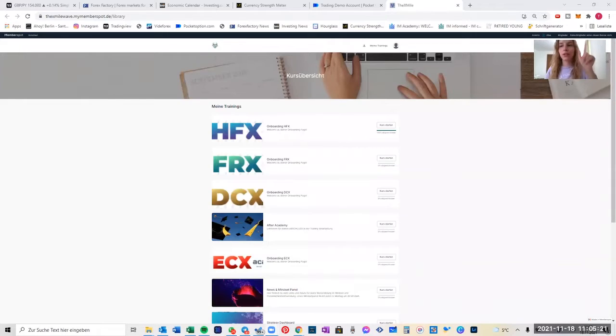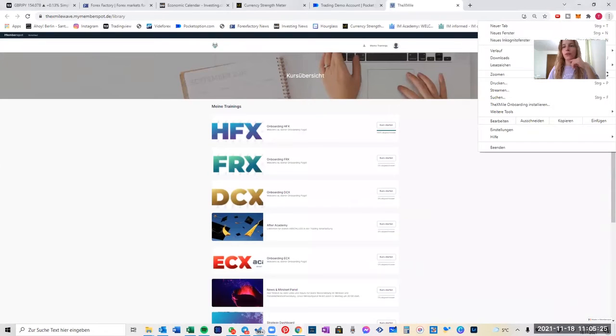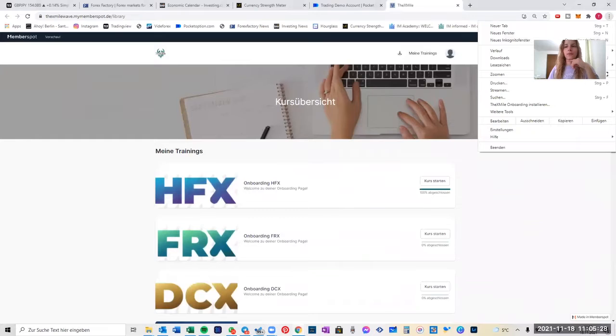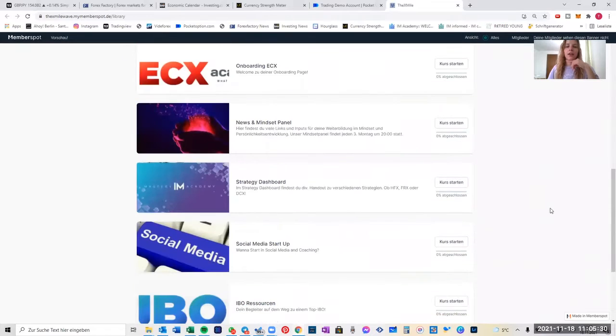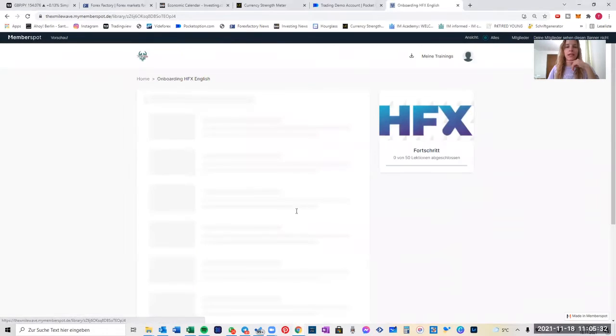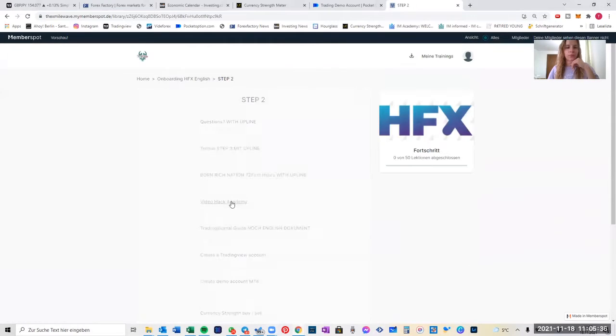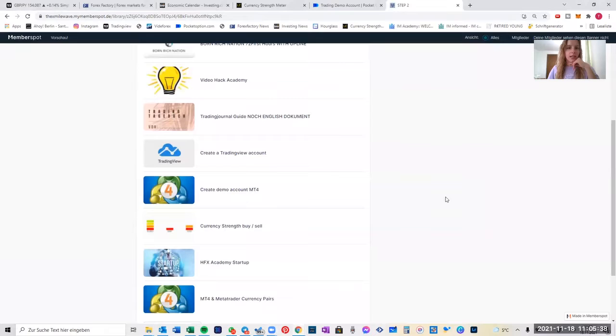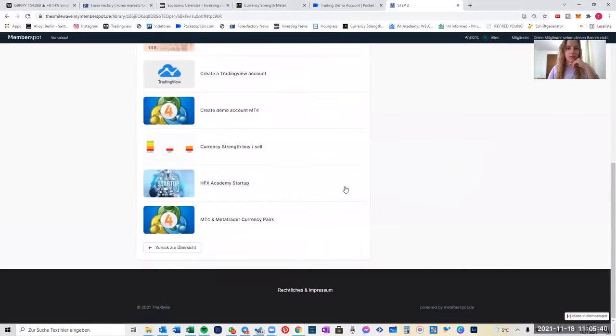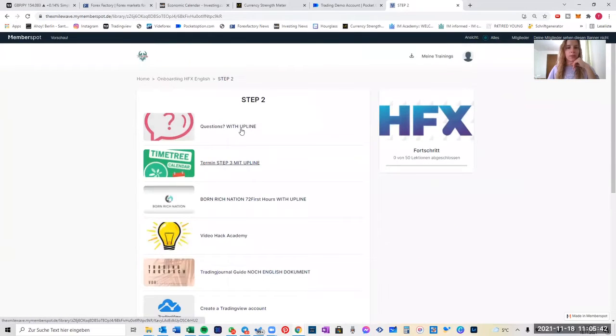So, okay, first we're going to go through what you need. You have to go on the member spot, on the onboarding school, and then down below you have onboarding English. You go to step 2, and then step 3, sorry.